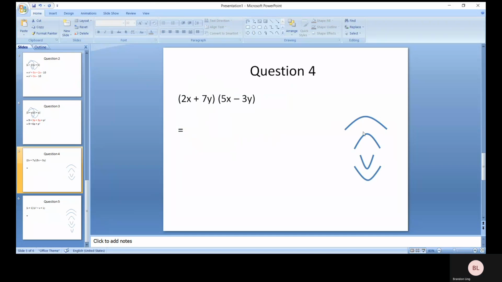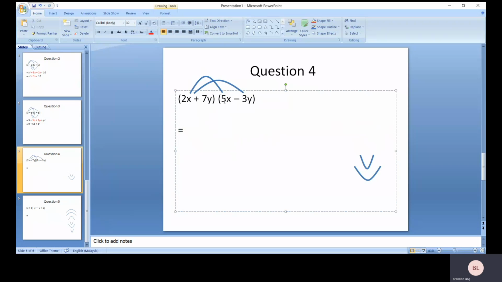Question 4. Here we have two variables, x and y. So 2x times 5x, you get 10x squared. 2x times negative 3y, you are getting minus 6xy.